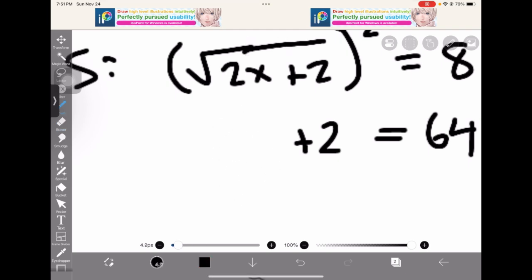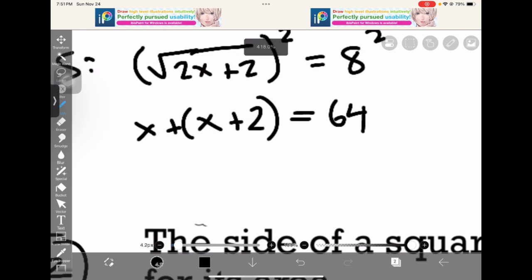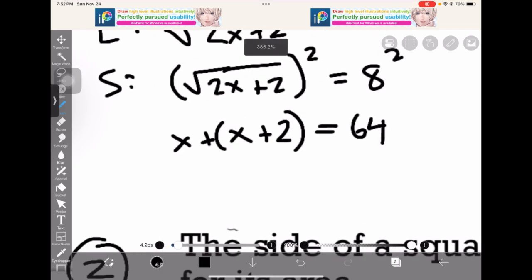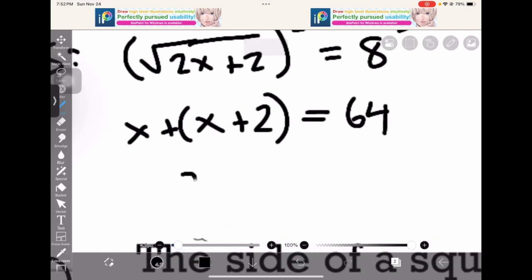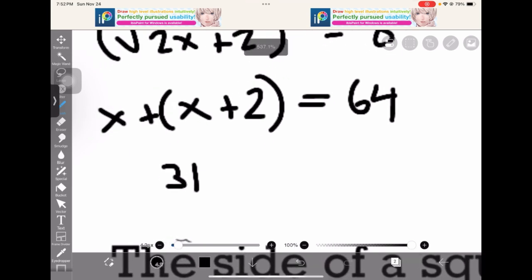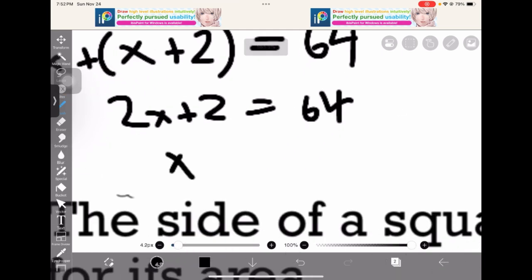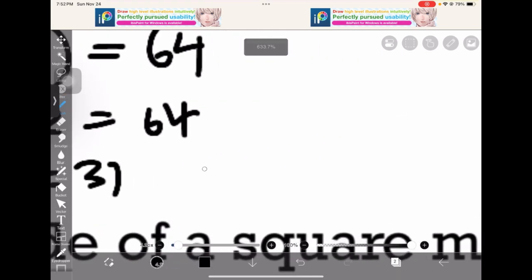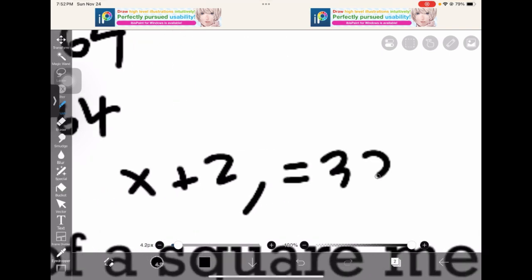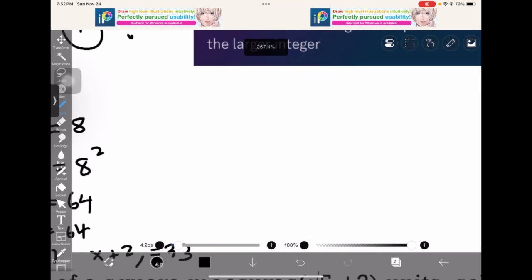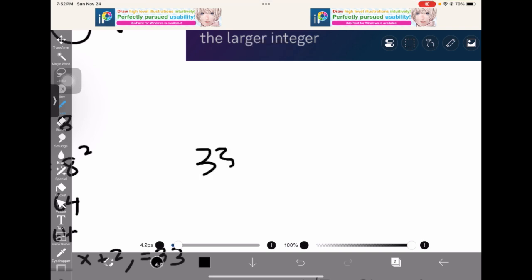So we just break it down. 2x equals 62, which means x equals 31, because 2x plus 2 equals 64. X equals 31. And then the bigger integer would be x plus 2 equals 33. So we're looking for the larger integer, so the answer is 33.